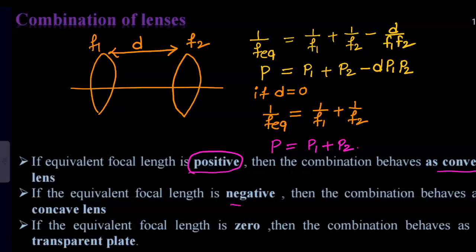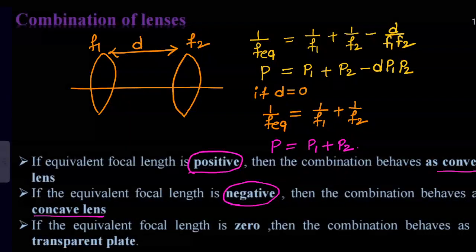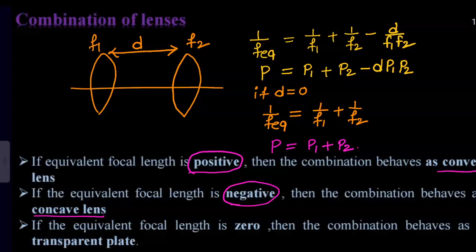If the equivalent focal length is negative, then we can call it a concave lens. In some cases, the equivalent focal length can be 0 also. In that case it is neither convex nor concave. So it is simply like a transparent plate.